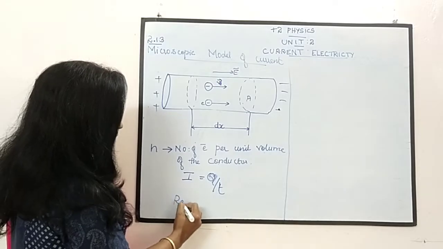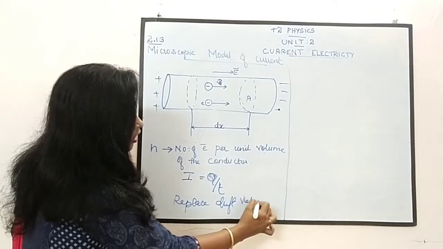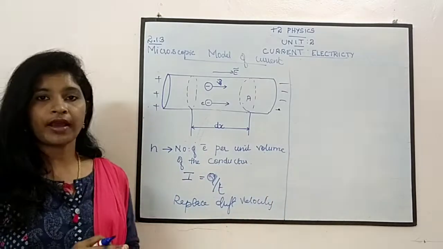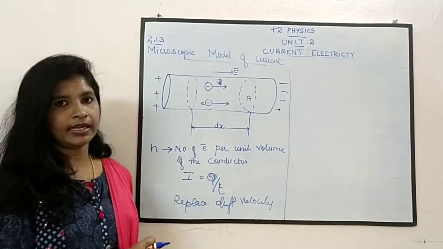Understood? Our main aim here is to find out the relation between the current I and the drift velocity Vd. That's our aim.